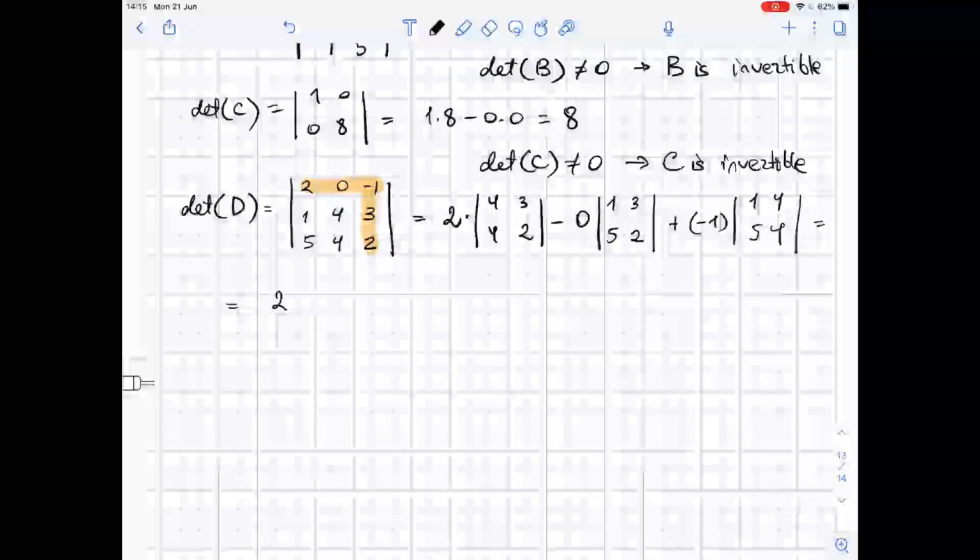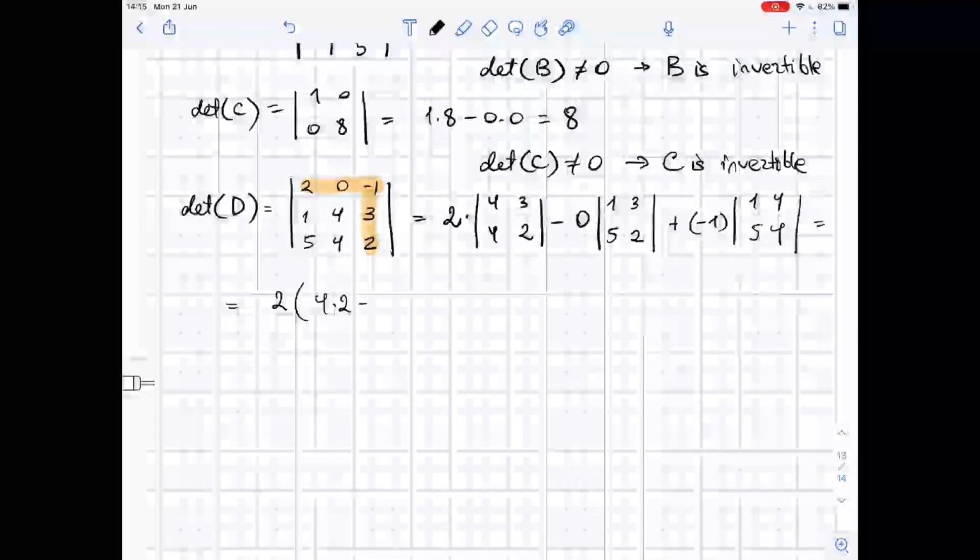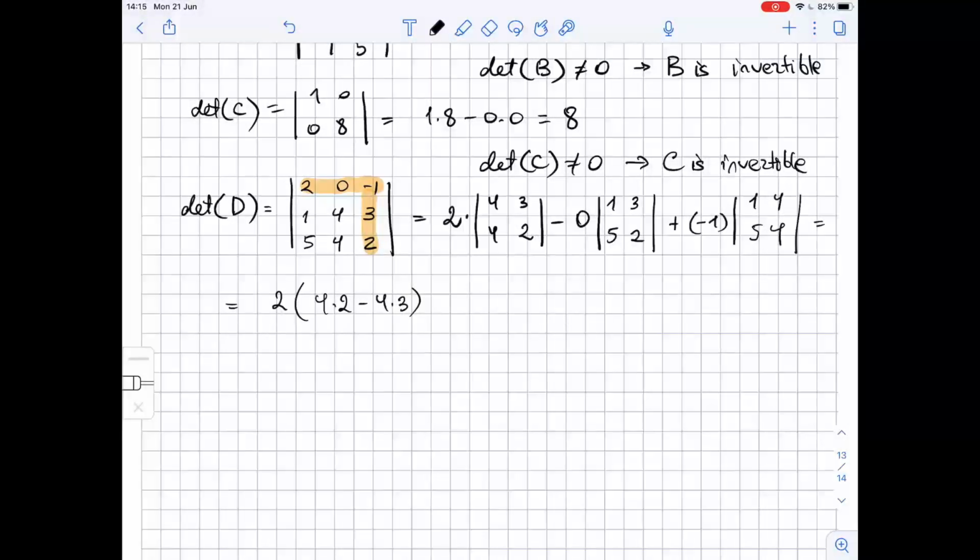So it's 2 times (4 times 2 minus 4 times 3), minus 0 multiplied by the determinant of this matrix, which is 0, so it's minus 0, minus 1 times (4 minus 5 times 4). Well, let's do the calculations.